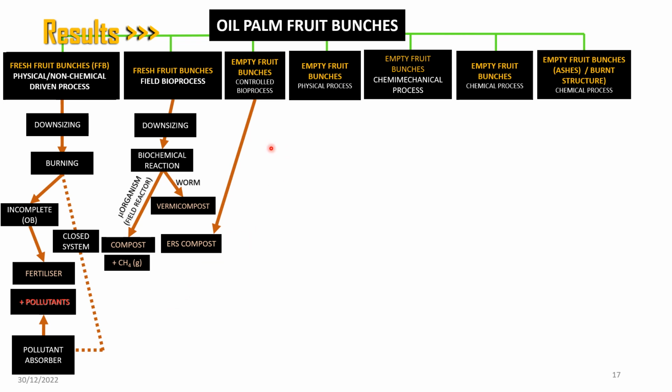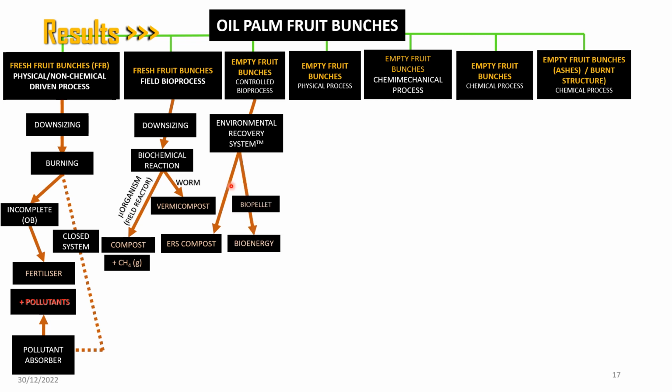The EFB can also be turned into compost by the high-tech environmental recovery system. It is a system with bacterial formulation hidden in the chamber, and the reaction goes for quite some time. Of course, also with emission. EFB next can be pelletized to produce bioenergy.